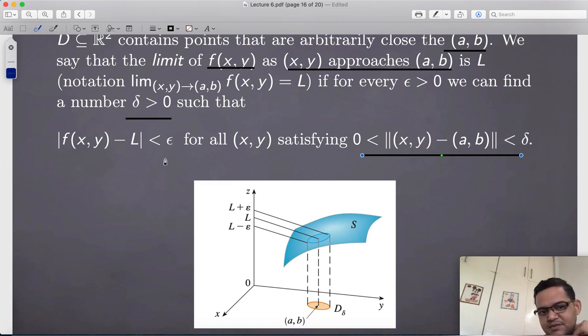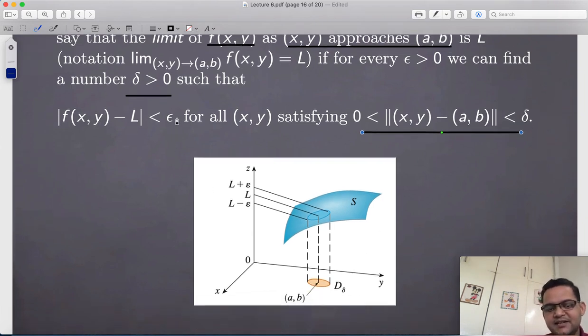We are saying that if I can find a number L so that f(x, y), in the range of f, is within L minus epsilon to L plus epsilon for all the points in a small delta neighborhood of the point. If I start with epsilon equal to 1 over 100, I will find some delta such that this happens. If I change my epsilon, then this delta may also change.